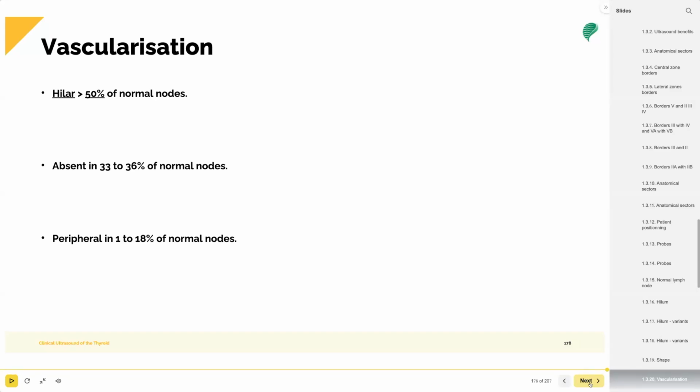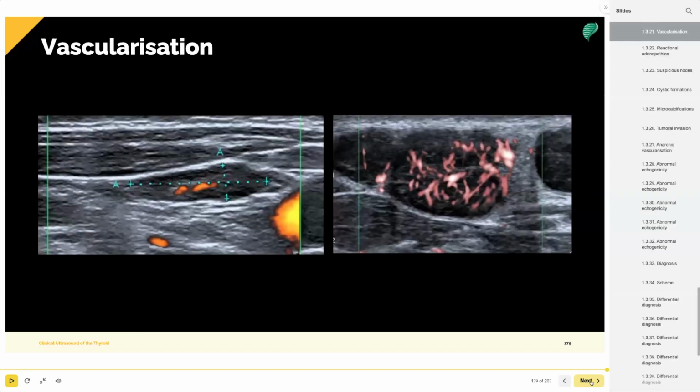It's absent in about 30% of normal nodes. So this indicates that the hilum is not the only thing that we would look for in terms of an abnormal lymph node. This is an image here, just showing the power Doppler and showing the vascularization.